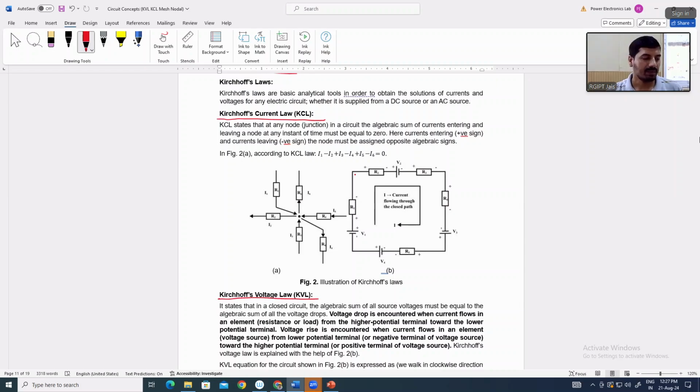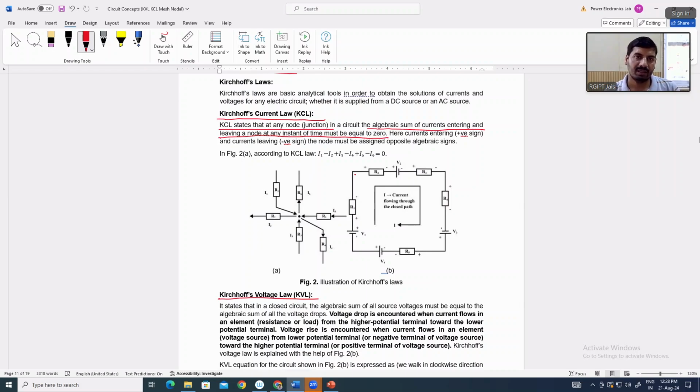What is the statement of KCL? KCL will be applied at a node, okay, at any node or junction. So as per the statement of KCL, the algebraic sum of currents entering and leaving a node at any instant of time must be equal to 0, right?